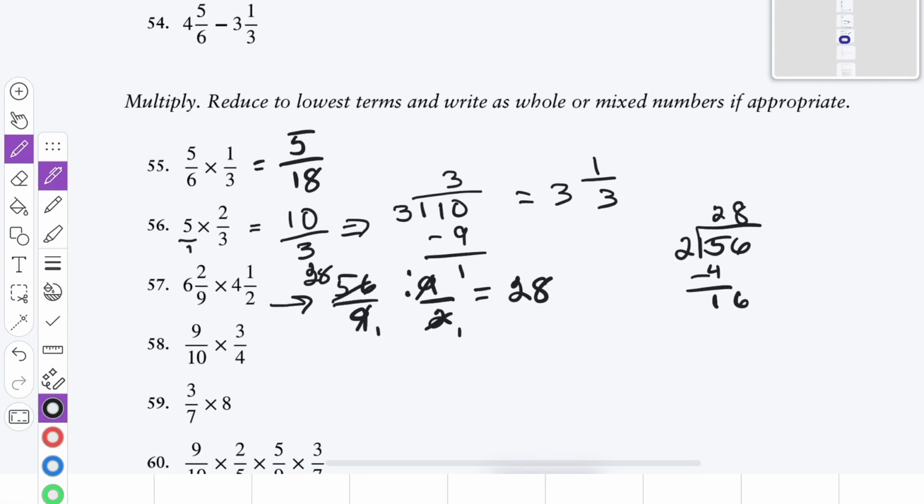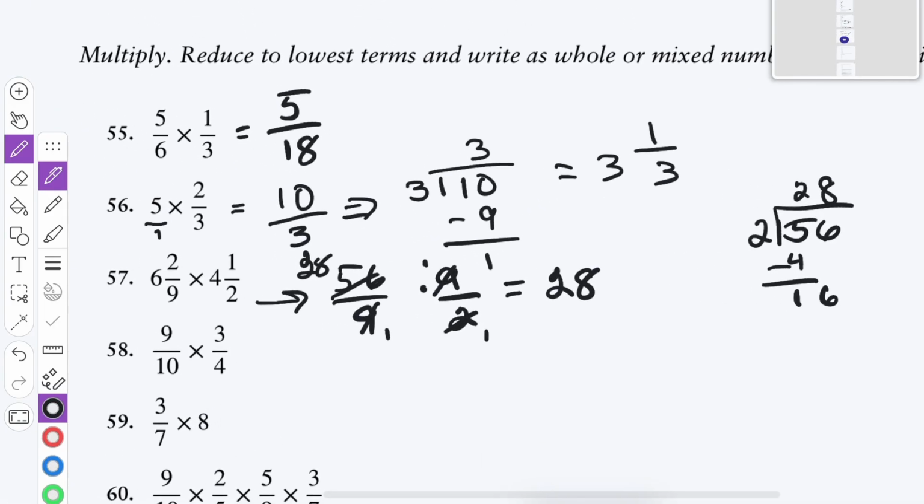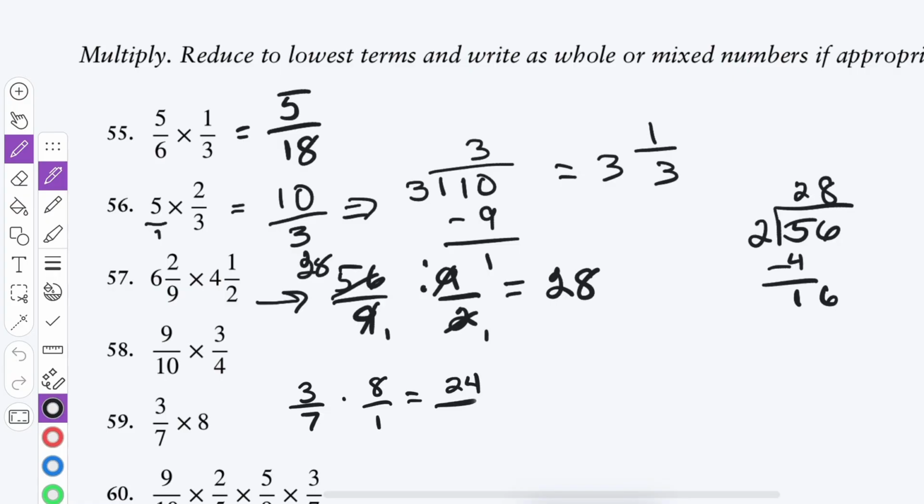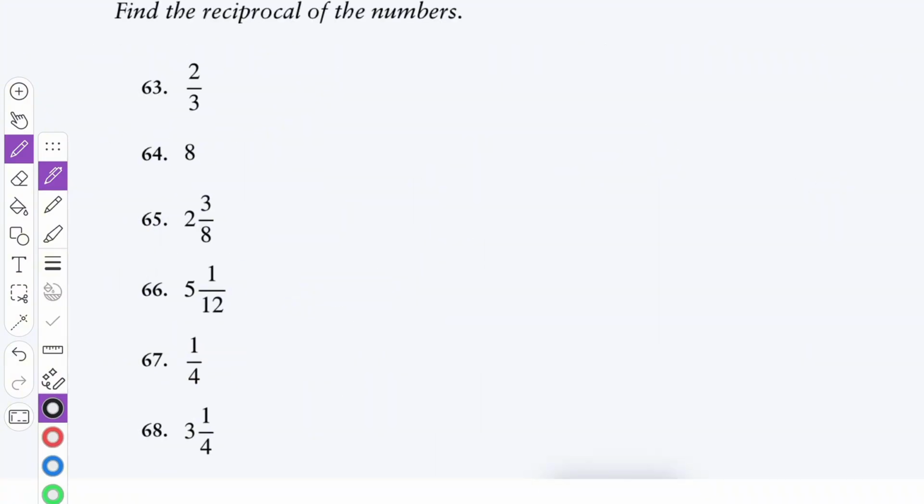And then I'll do 59 because it looks a little bit different. So 3 over 7 times 8 over 1 is 24 over 7. And you can change that yourself into a mixed number. All right, so finding the reciprocal of the numbers, all you do is flip them.